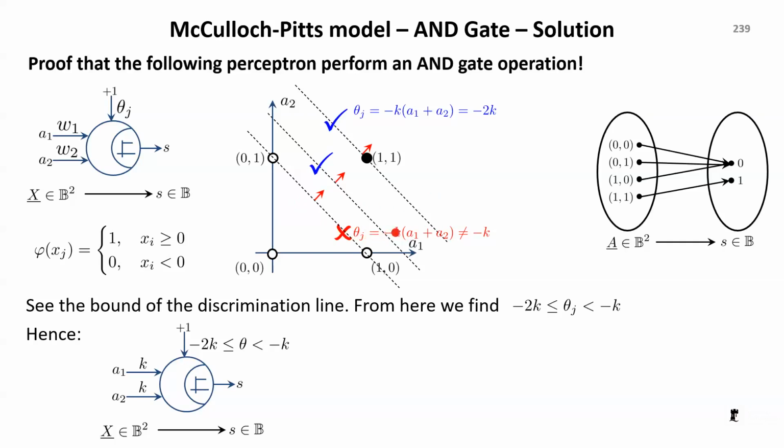You need to increase this until A1, A2 equal to 1 minus 2. So it becomes the solution, the bound is like that. This is a very important operator, AND. That's why I prove it. And if you remember, the Lippmann approach will use AND a lot. So this must be in your head. If I have an AND neuron, you need to remember this is the rule.